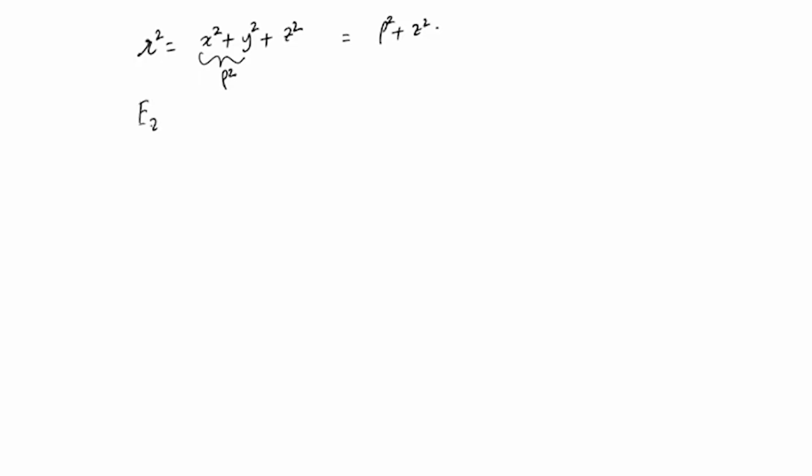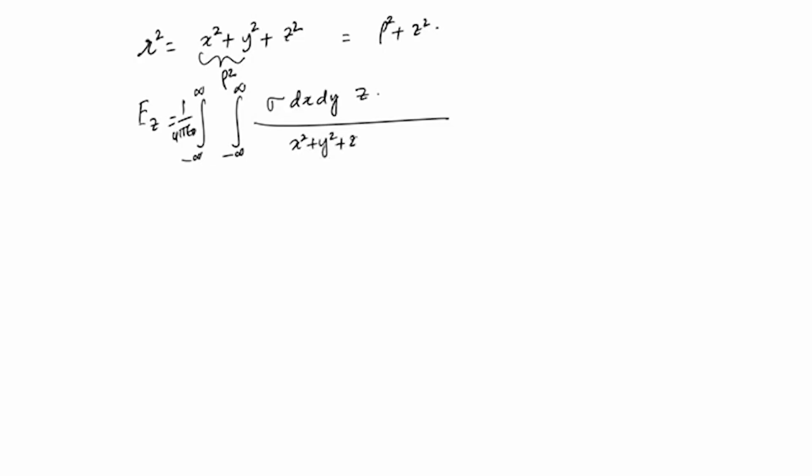So, Ez is equal to the expression that we have written, and now we have to do an integration from minus infinity to plus infinity and minus infinity to plus infinity, of sigma dx dy and then z, with 1 over 4 pi epsilon 0, and x square plus y square plus z square whole to the power 3 by 2.